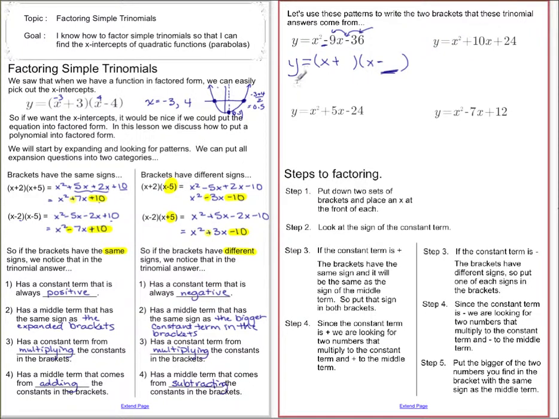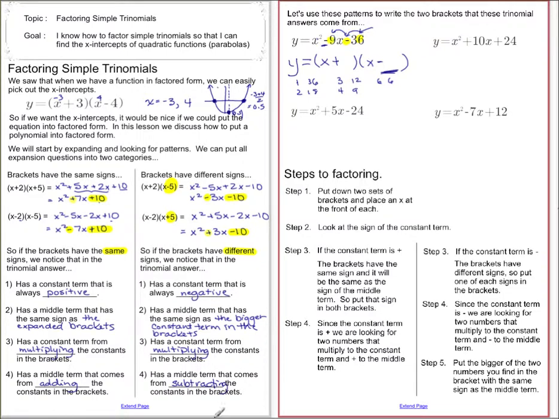Well, 1 and 36, 2 and 18, 3 and 12, 4 and 9, 5 doesn't go, but 6 and 6. So we're looking for the pair of these, because these are all the possible combinations that multiply to 36. And we want to multiply to 36 and subtract to 9.